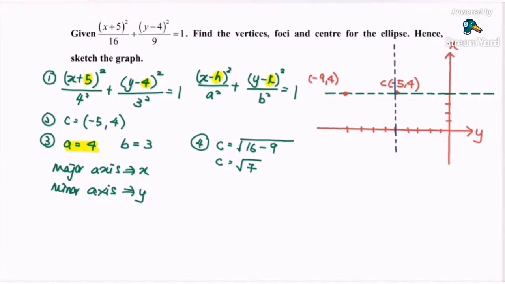Next, shift towards the right-hand side for 4 units, where we will have -4, -3, -2, and -1. So here will be the location for another vertex, or we can say the major vertices, where we have -1 and 4.